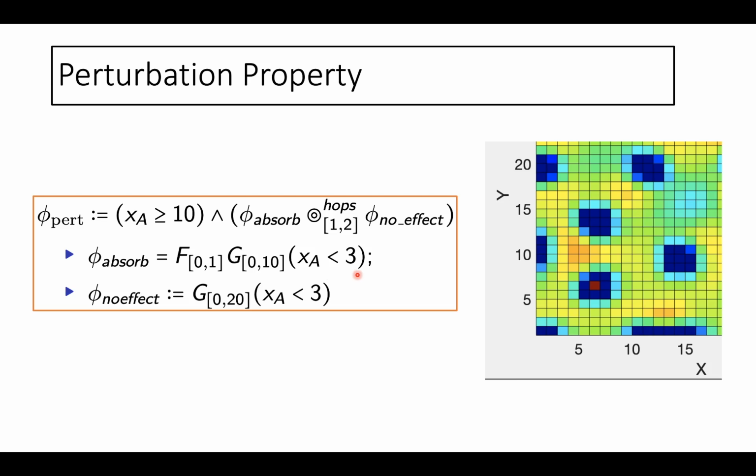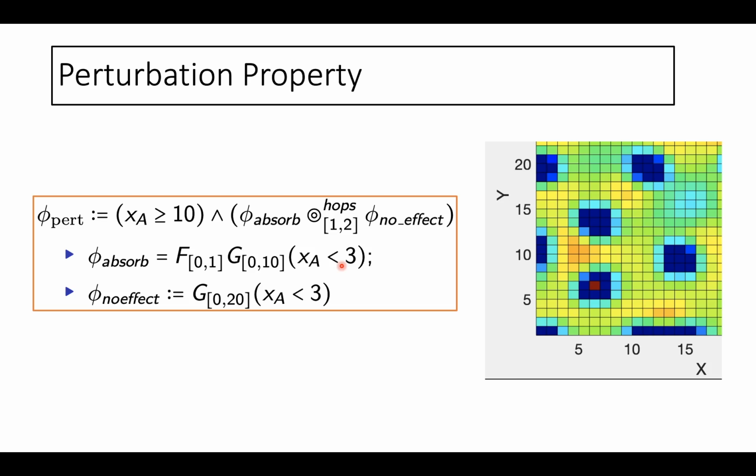So this means that in one time unit we want the value of our cell to be already going to less than 3 from 10. So we already want that most of the perturbation is already absorbed.